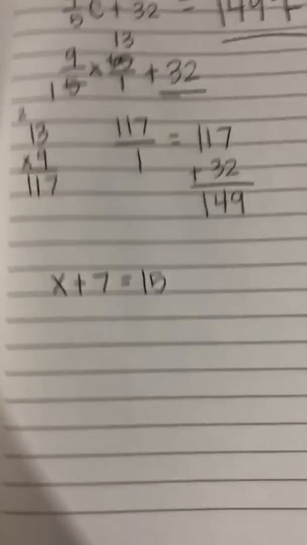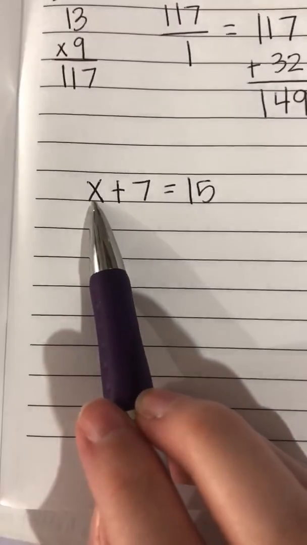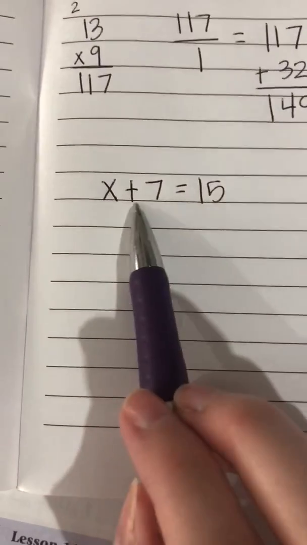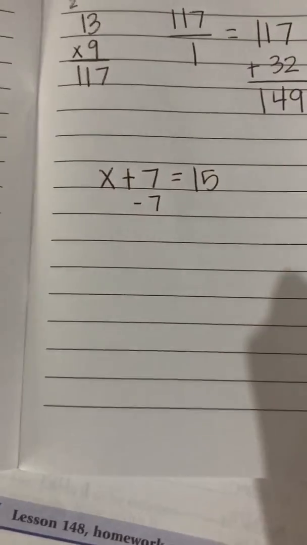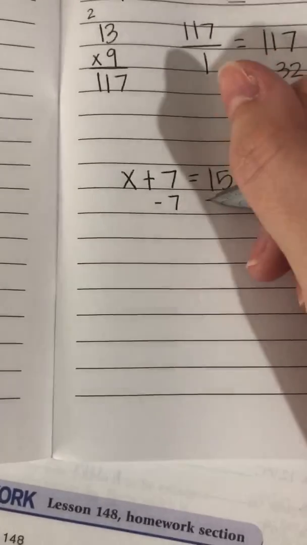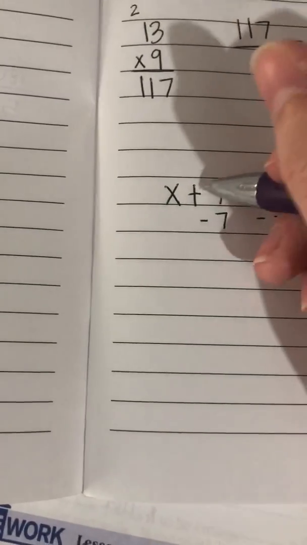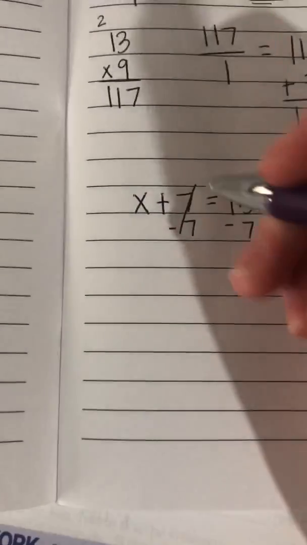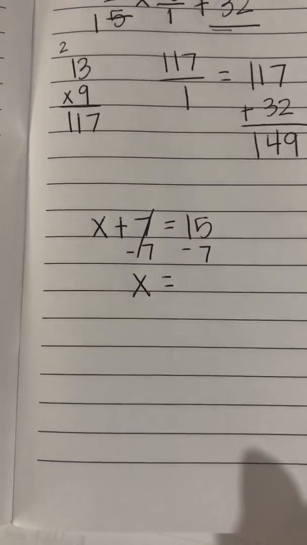Now if you'll remember, we're trying to get x by itself, so I have to do the opposite. I want to get x by itself, so I take away 7. Now if I do it to one side, I have to do it to the other. So 7 minus 7 cancels out, and I'm just left with x over here.